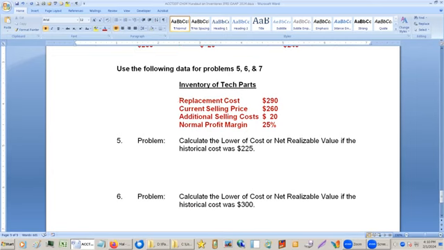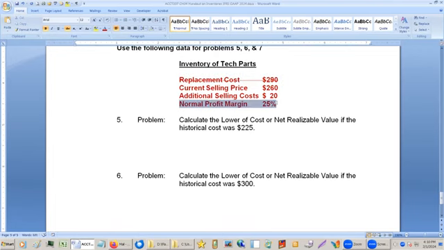Notice we don't need this replacement cost. Here we go, a very thick line. And we don't need the normal profit margin. These are things that we used to use with the old rules, so we don't need those at all.